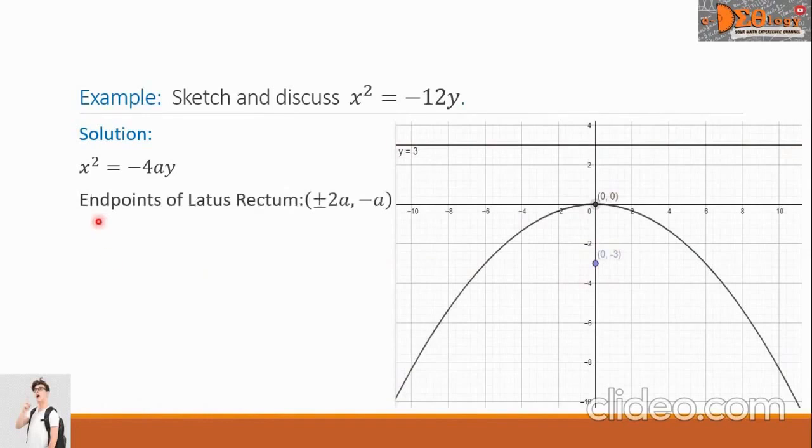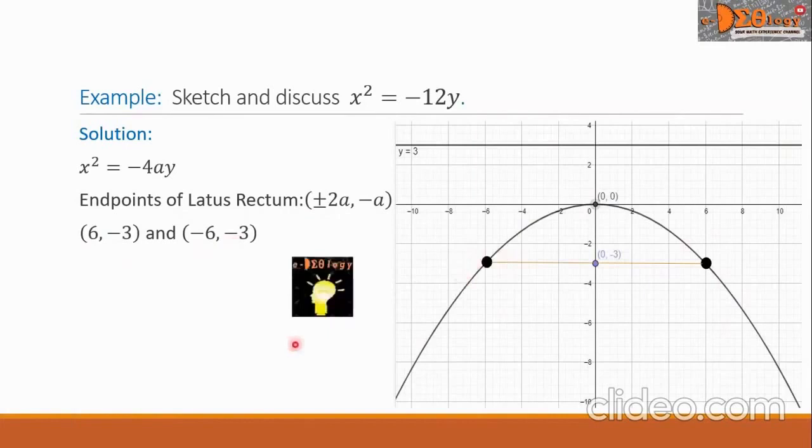And we can now write the endpoints of the latus rectum, and this is our formula: plus or minus 2a for the x coordinates, and negative a for the y coordinate. So the points are (6, negative 3), this is the point, and (negative 6, negative 3). This is the other endpoint. This is now our final answer.